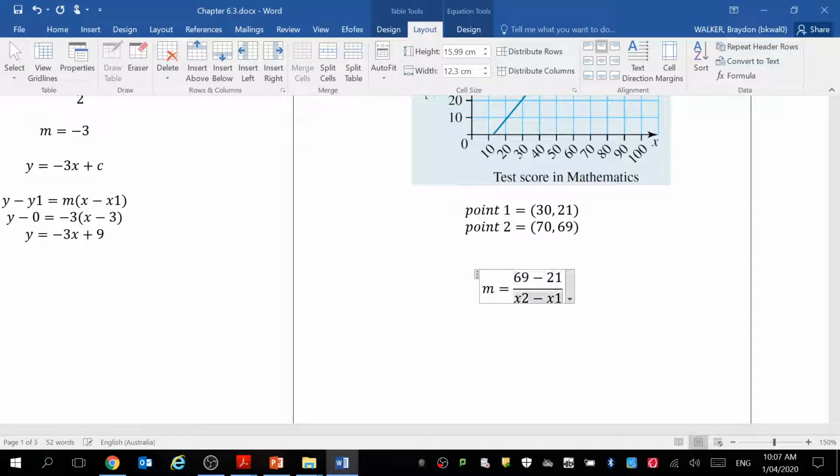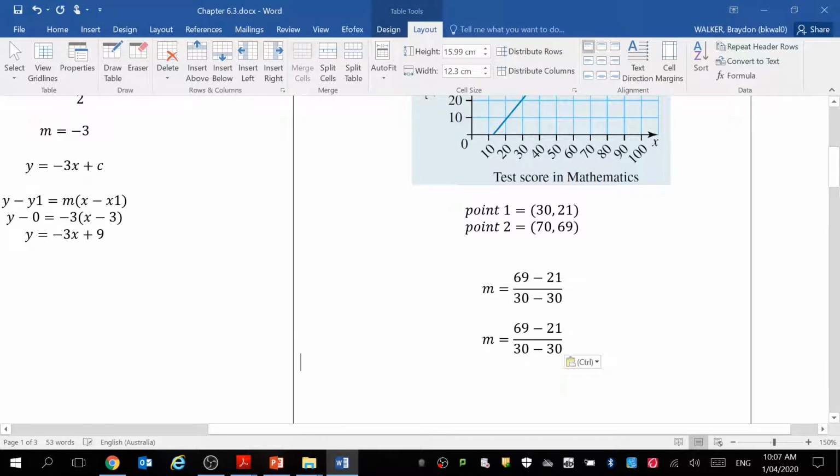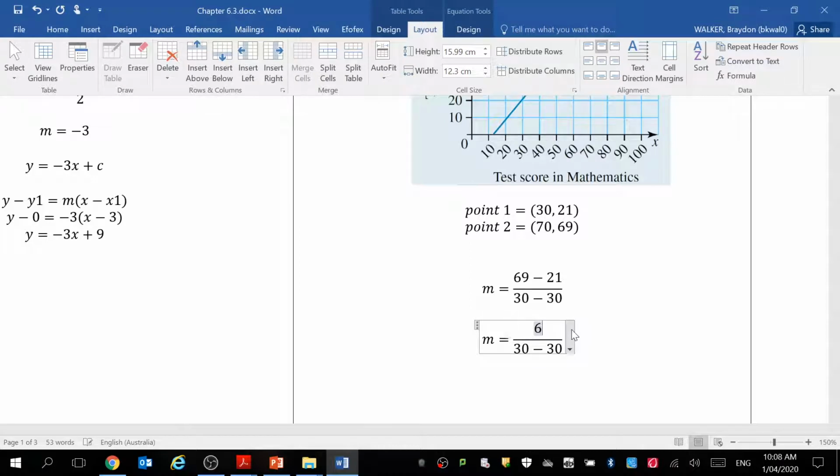So 69 minus 21, and then we've got 30 and 70 here. That's going to be 48. So 48, that should be 70, sorry.